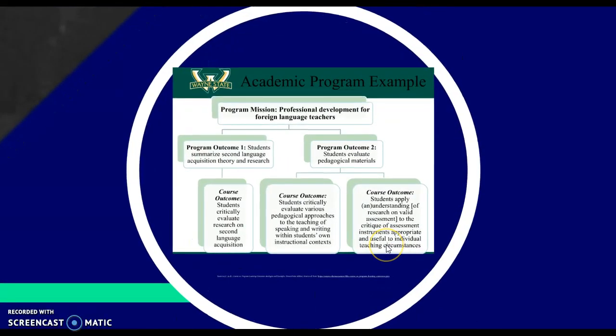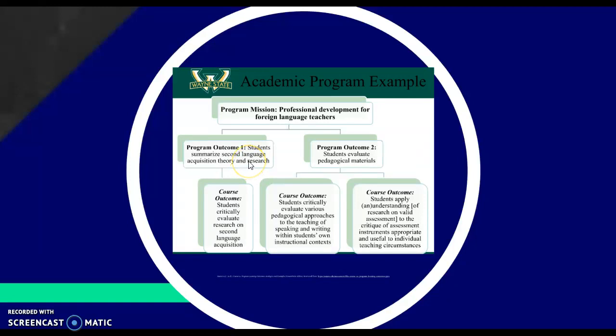Let's take a look at a sample academic program. You can see that this academic program begins with a mission: professional development for foreign language teachers. Program outcome number 1. Students summarize second language acquisition theory and research.